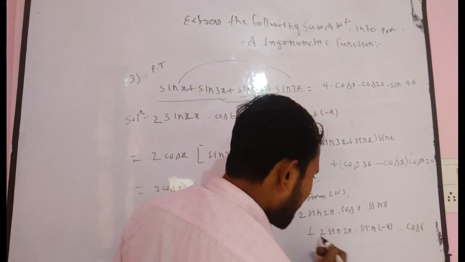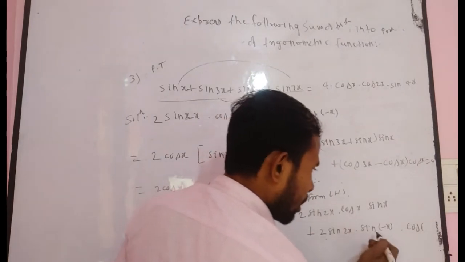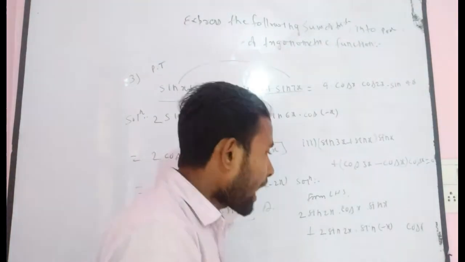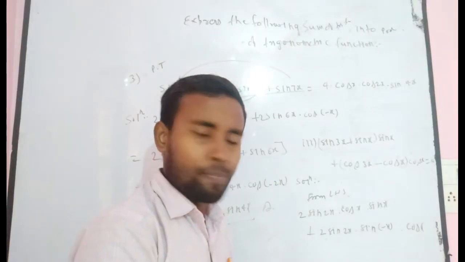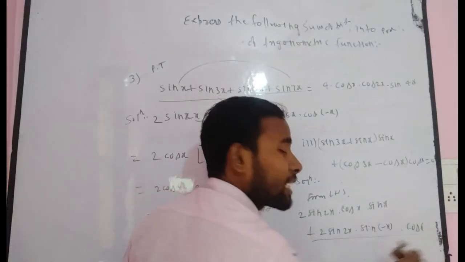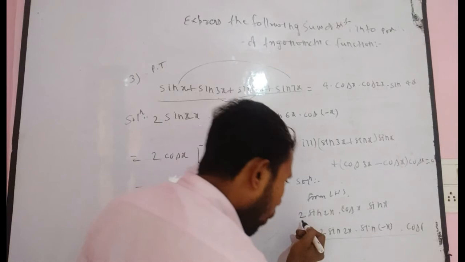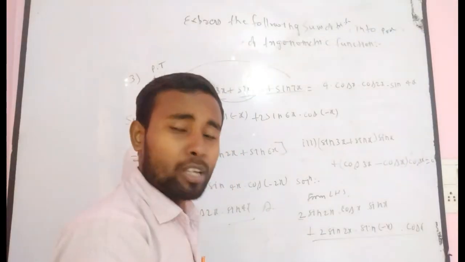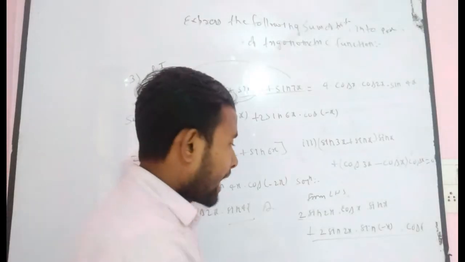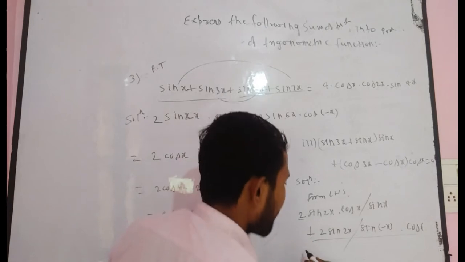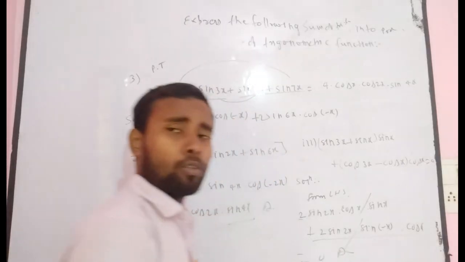Whole term will be positive. And next term will be 2 sin 2x cos x and sin minus x. Can you write sin minus x equal to minus sin x? Then the whole term will be negative. Here, one whole term is positive and the other negative, and if you don't consider the sign, both are the same and only differ by the negative sign. So you can remove it and it will be 0.